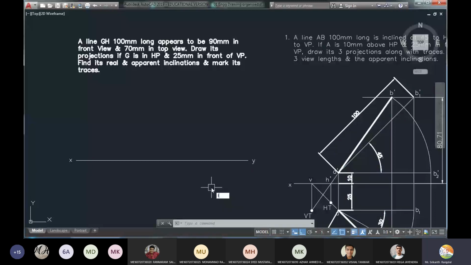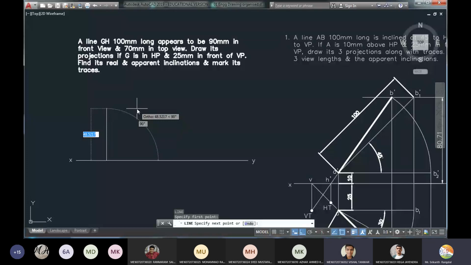Take a line from somewhere on this XY line. You can start. So where is the point G? The point G is in HP, which means, what does it mean? In HP means top view is on XY or front view is on XY.